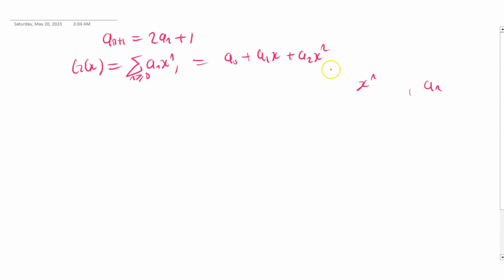So how do we do this? Let's multiply both sides of the equation for a sub n plus 1 by x to the n, and let's sum it.